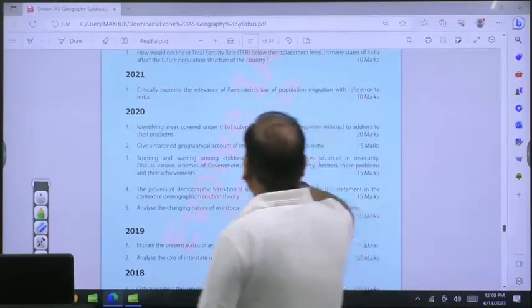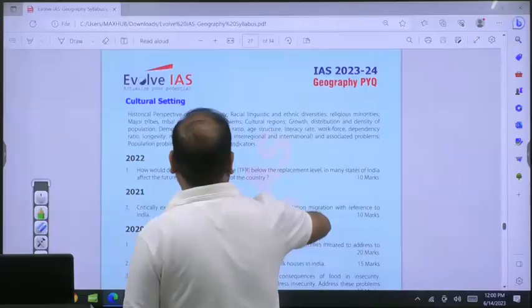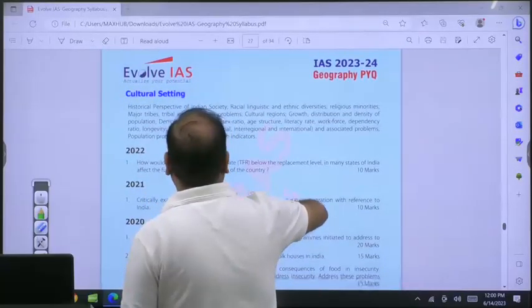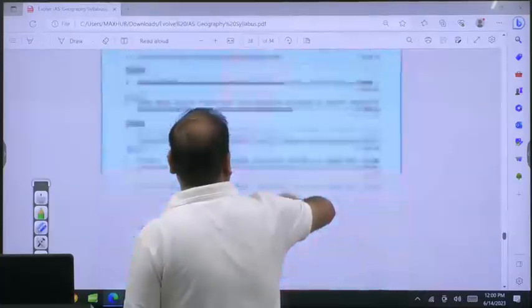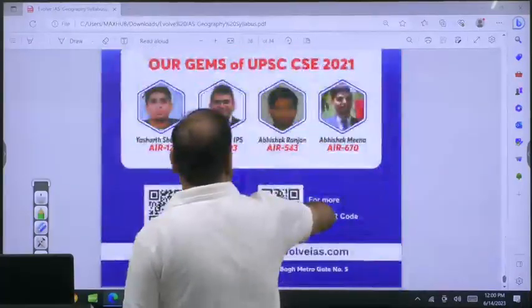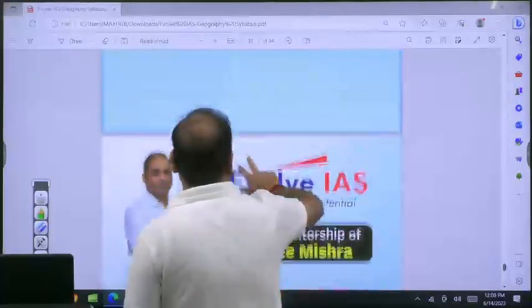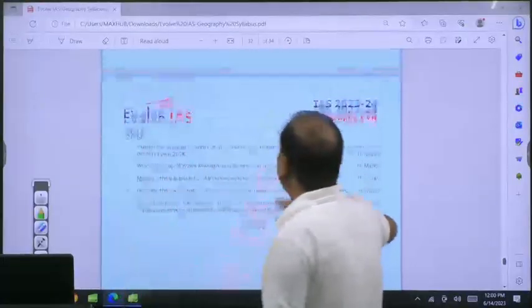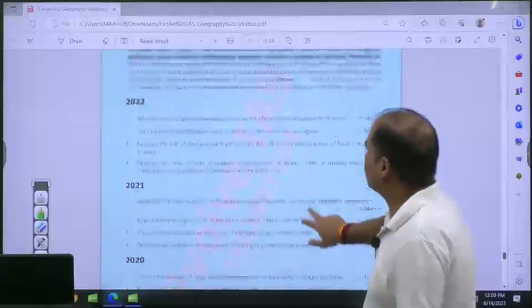Food security is part of your paper 1 economic geography. So in paper 1 you will have economic geography, and in paper 2 you will have a chapter called contemporary issues.